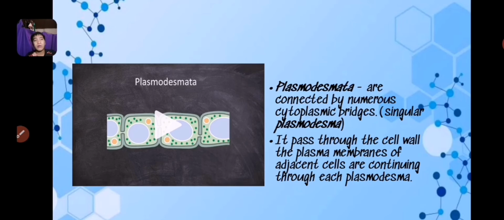So it passes through the cell wall, in the plasma membrane.